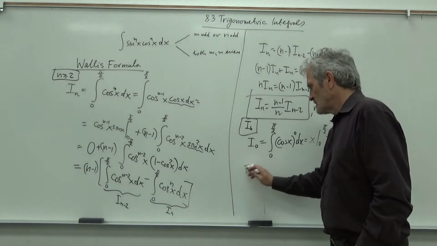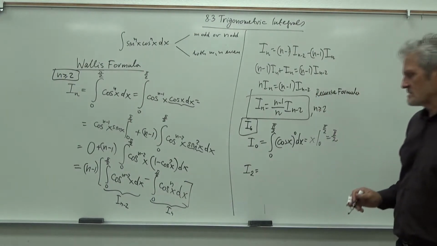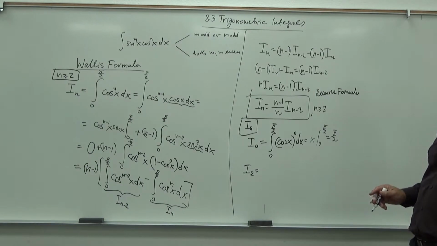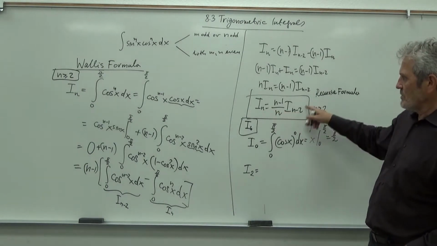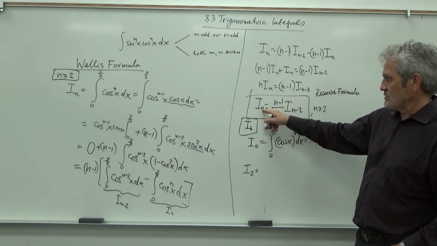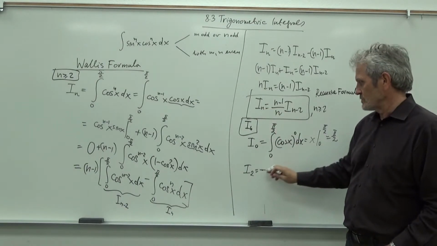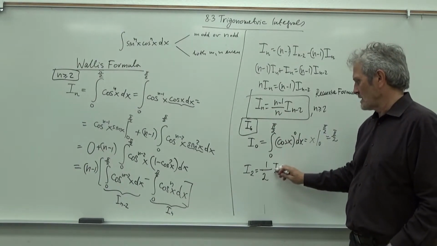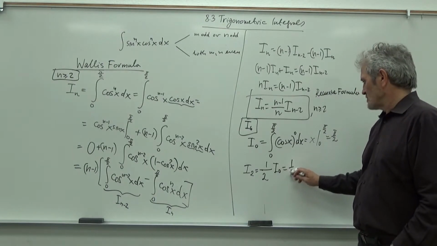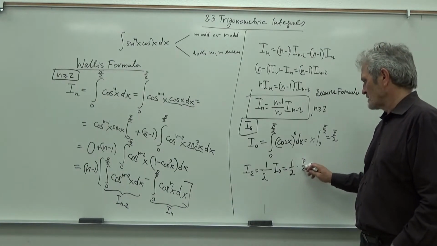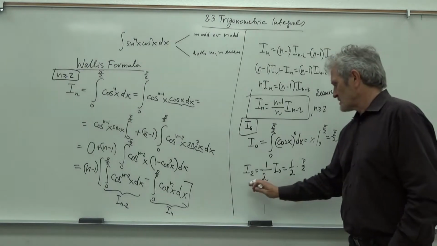Now what do I do? No more calculations, actually just recursion. For I2, I'll use my box formula when n equals 2. So I get I2: 2 on the bottom, 1 on top, times I0, which is 1/2 times pi over 2. How about I4?